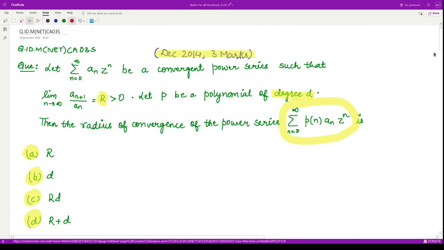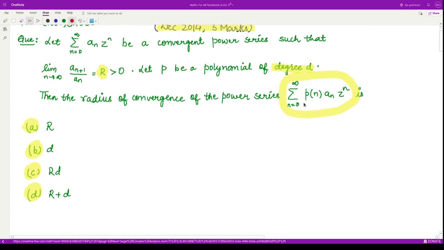What we are given is that p is a polynomial of degree d. So let us assume p(z), where z is any complex number, to be z raised to power d, the simplest of all, which is of degree d. Now our series would then be the summation n varying from 0 to infinity of p(n), that means n^d, times a_n z^n.